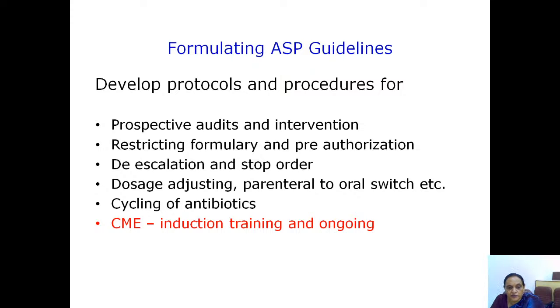At the undergraduate level it's a kind of sensitization, but among postgraduates, residents, and faculty, from time to time you have to go on educating on the problems of antimicrobial resistance and the requirement for an antimicrobial stewardship program.